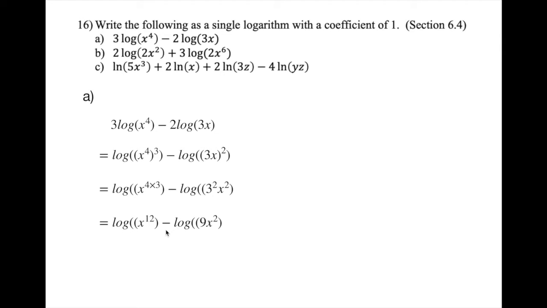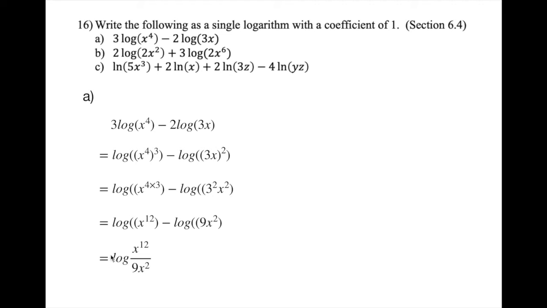For the subtraction of two logs, we want to put that into a single log, and inside will be a quotient. So inside will be x to the power 12 divided by this 9 times x squared.